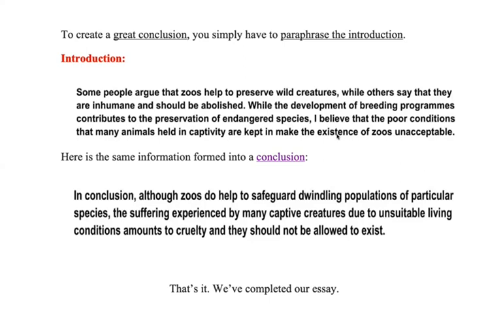In conclusion, although zoos do help to safeguard, to preserve, dwindling populations, decreasing populations of particular species, those animals which face extinction, the suffering experienced by many captive creatures due to unsuitable living conditions amounts to cruelty, and they should not be allowed to exist.